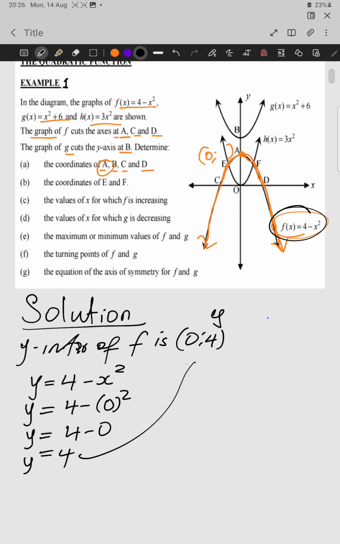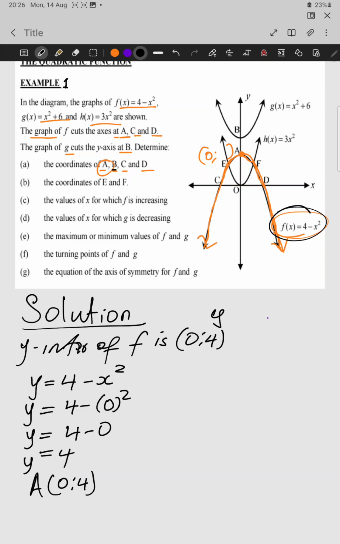So now it proves that the point there should be 0, 4 if we're using this equation. So the coordinates of a must be 0, 4.